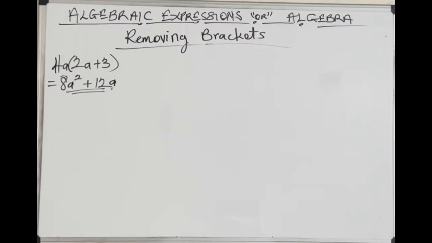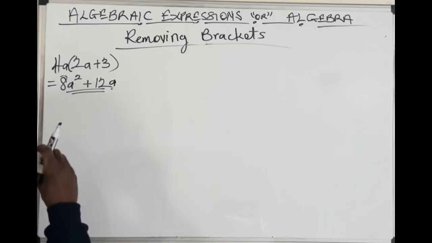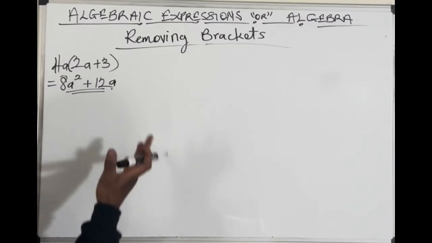We should take care with the signs when removing brackets. Note that a letter or number without a sign has a plus sign. So whenever there is any number there without any sign, just imagine that it has a plus sign.